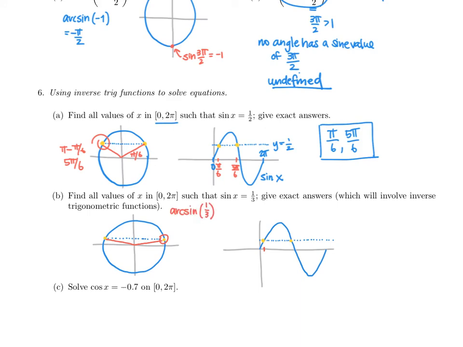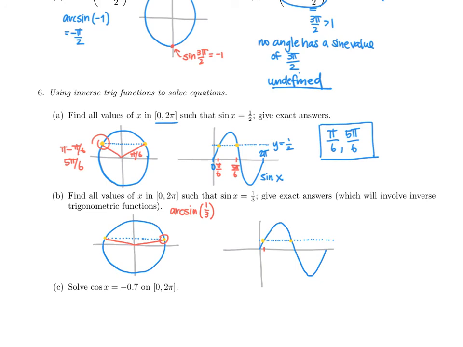Similar to before, where we were like, oh, hey, these two have a relation. I can travel pi around the circle, and then subtract off pi over 6. The same thing is true here. I can travel pi around the circle and subtract off. I know that distance. This length is arc sine of 1/3, so I can do pi minus arc sine of 1/3 to get the other place.